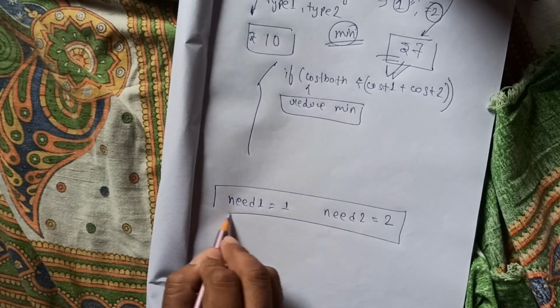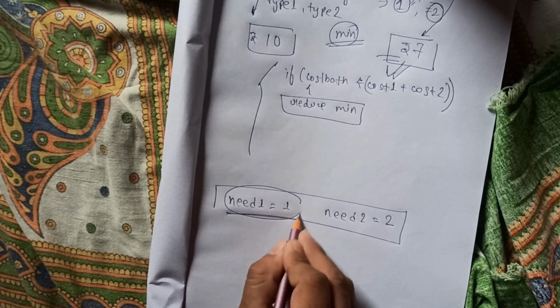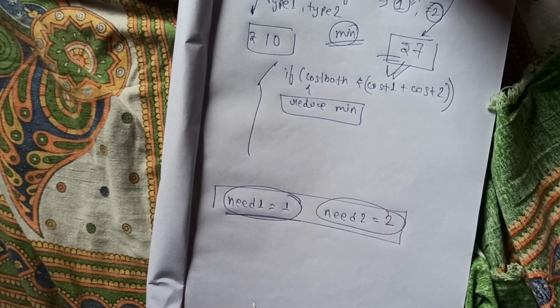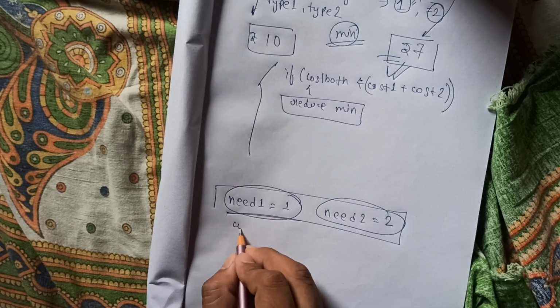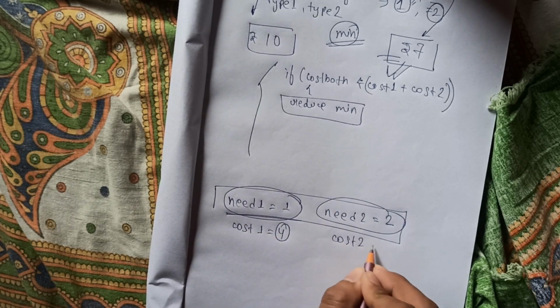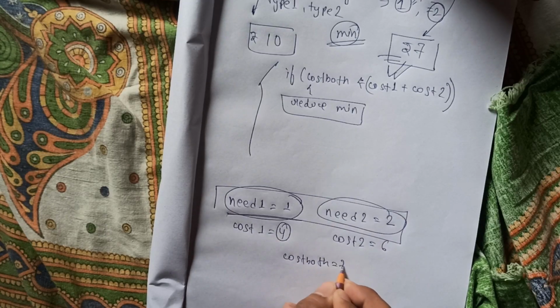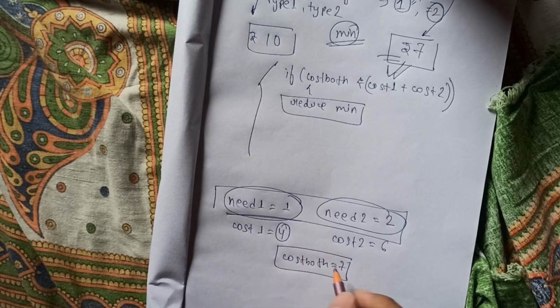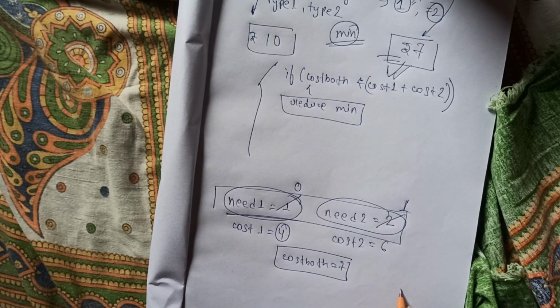So what I'm trying to say is, reduce the minimum value, right? Reduce the minimum need. Why? Because see, there might be a case where the cost of type 1, cost 1, is only 4, right? And cost 2 is 6 and cost both is 7, right? So if you reduce this 1, it becomes 0, and you spend 7 rupees, right?